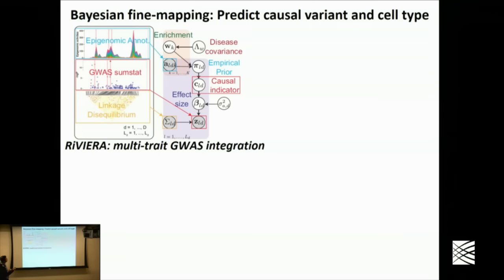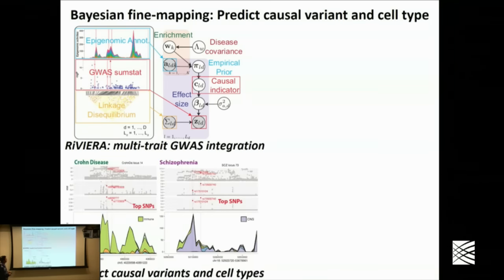We can use all that to start integrating the epigenomic annotations, the genome-wide association study summary statistics, and the linkage disequilibrium in these haplotype blocks, all of this together to predict for every SNP in the genome a probability that that SNP is causal for that disease in that cell type. Okay? And we've done this and we've published this, and this is called RiVIERA, which stands for something really cool, like risk variant inference with epigenomic reference annotations.